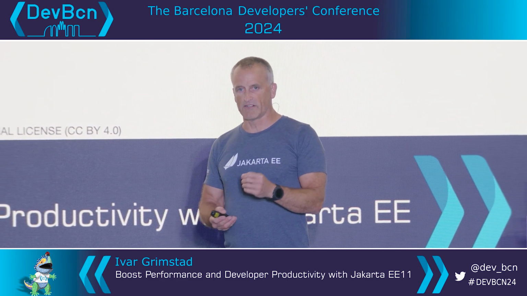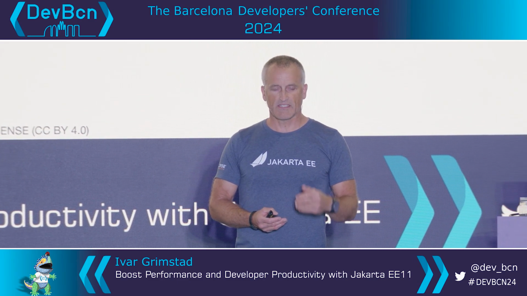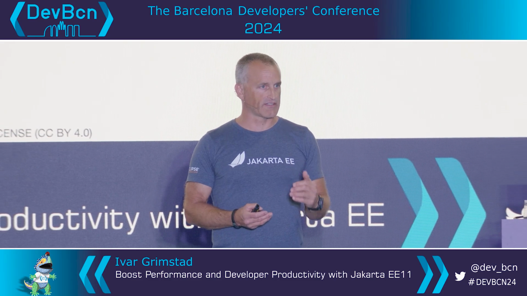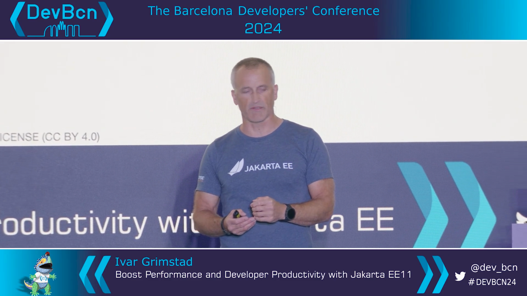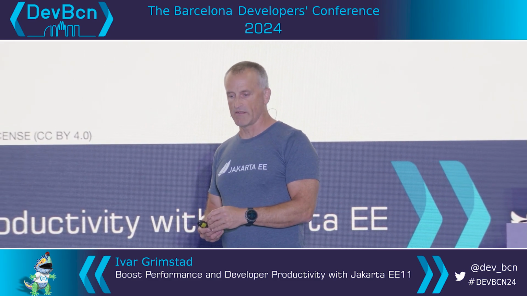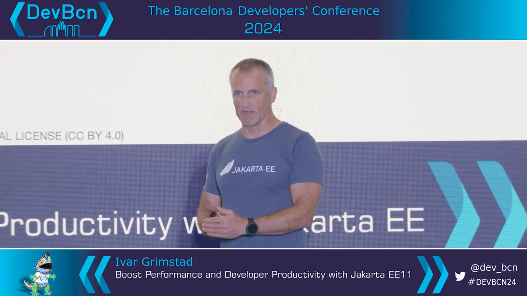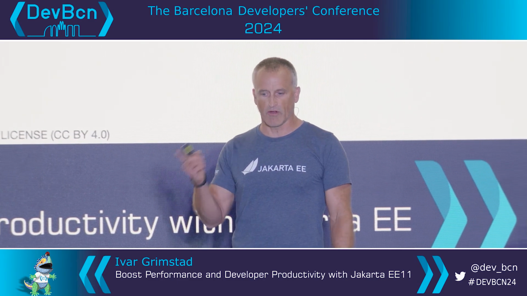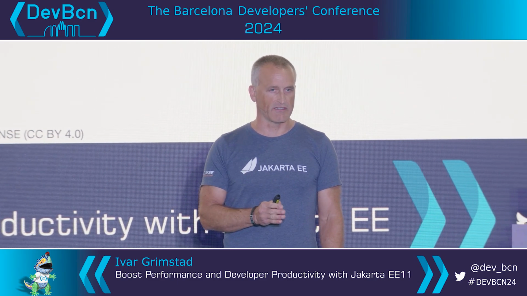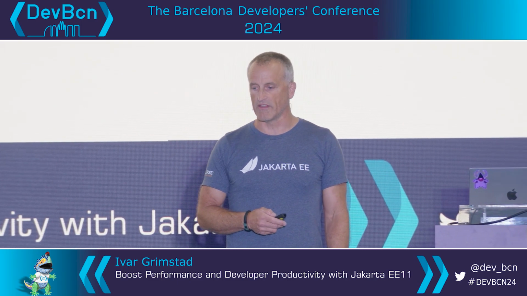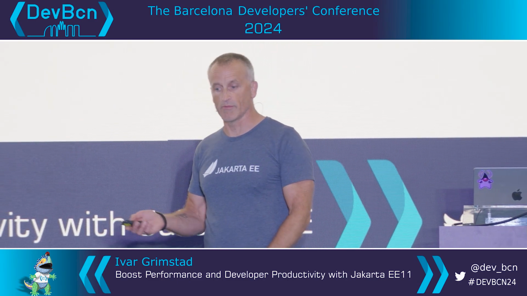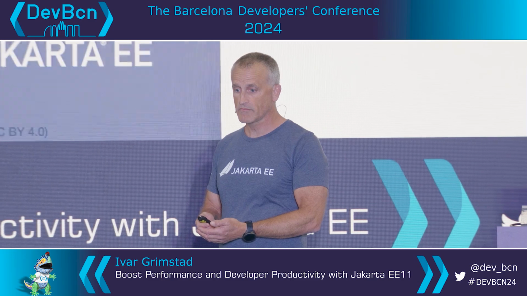And there's a TCK, or Test Compatibility Kit, a test suite that tests if an implementation fulfills all the requirements in the specification and the API. When an implementation passes the TCK, it is a compatible implementation. We need at least one open source compatible implementation to ratify a final specification. From there on, it can be any license for any of the implementations, and we want as many as possible.